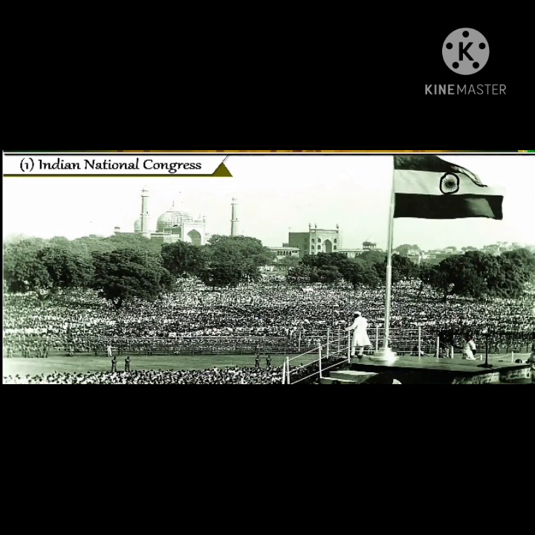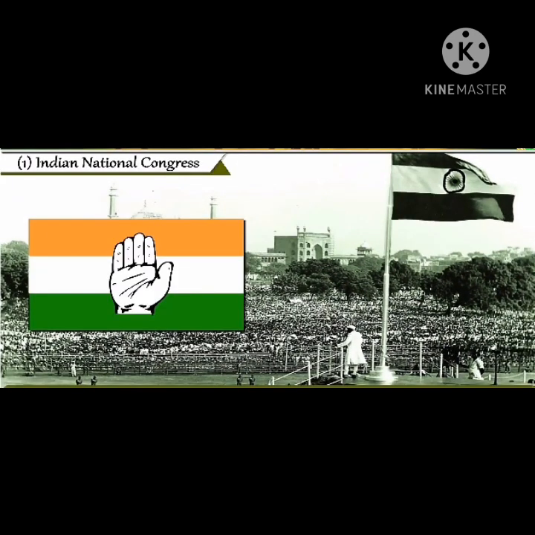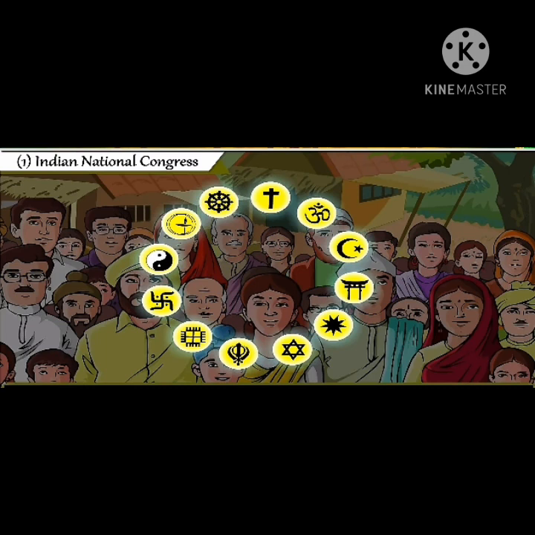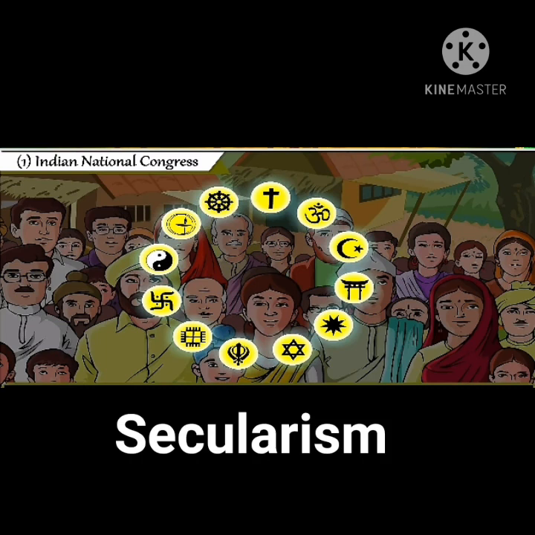After independence, the Congress emerged as the most dominant political party. From the beginning, the Congress Party has followed the policy of secularism. Secularism means all religions are equal in front of the government.